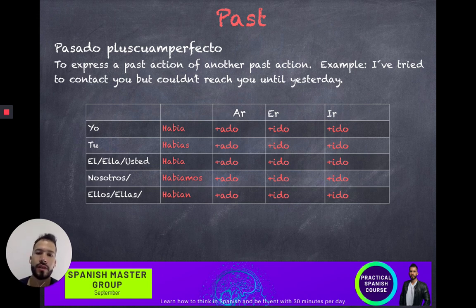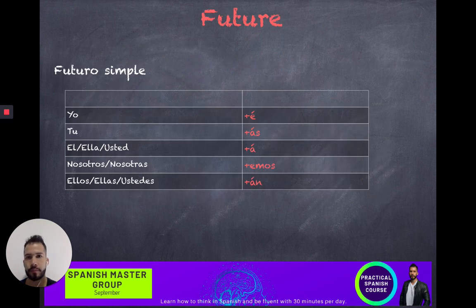You just do the same, ado for ar and ido for er or ir, but instead of putting he, has, ha, hemos, and han, which was the last one, you put había, habías, había, habíamos, habían before the verb, and then to the verb you add ado if it's an ar, or ido if it's an er or ir. And in future we just have two forms.